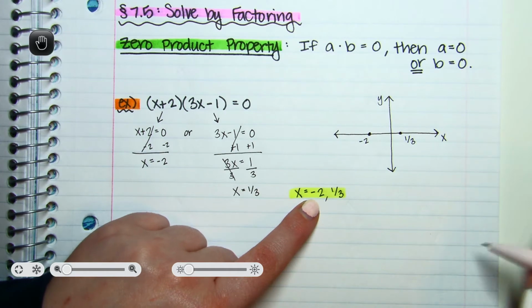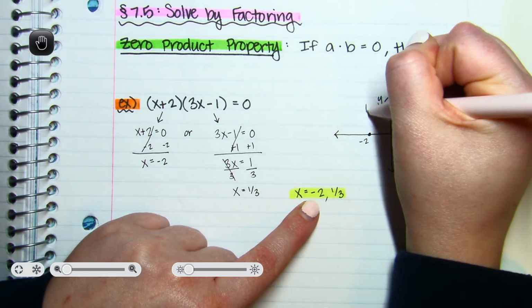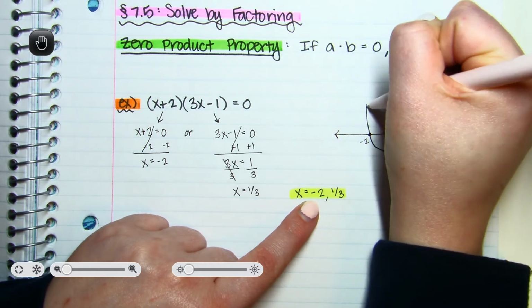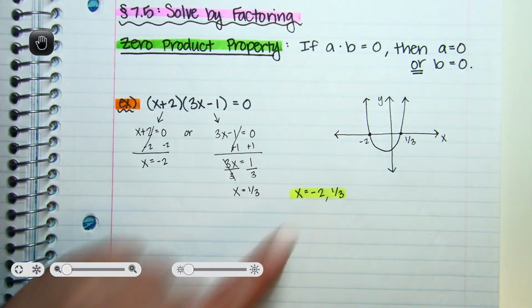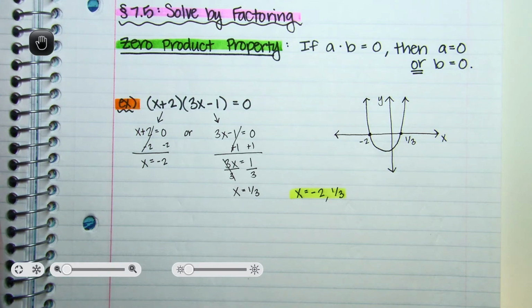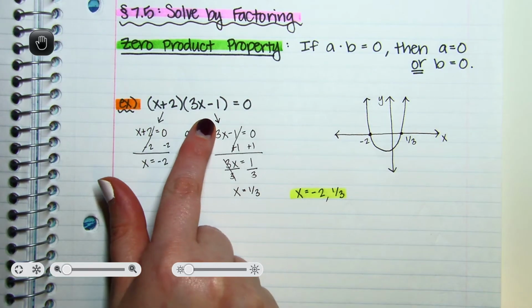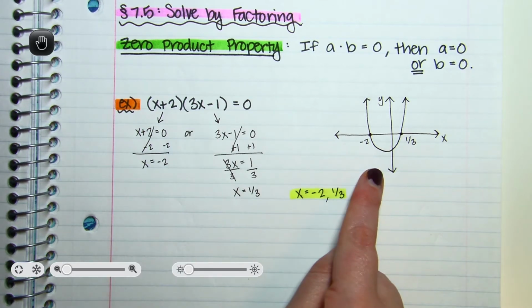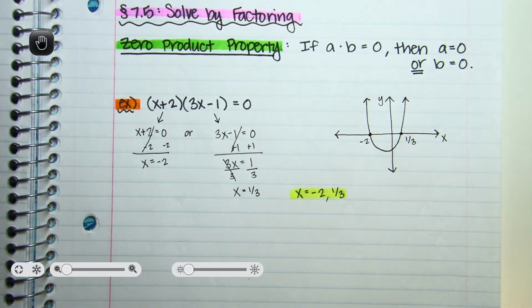And this gives us a graph that looks like a U, which is called a parabola. That's what this looks like graphically. And the reason I'm showing you this is because we're going to do another unit later this semester where we're actually going to be graphing these things. So I want you to go ahead and get a little sneak peek of what it looks like.